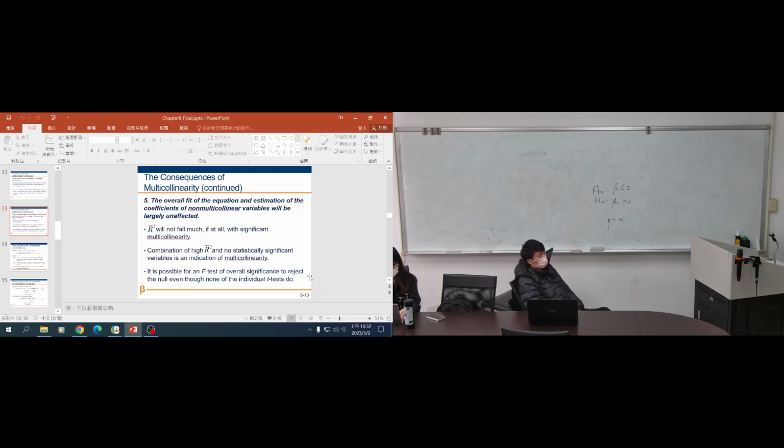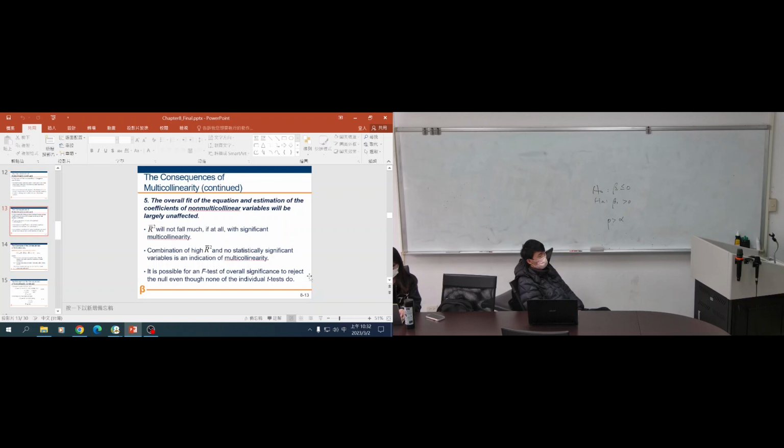Is this sort of a counter effect? It's complicated. Therefore, these are all the consequences you can directly see from the output.